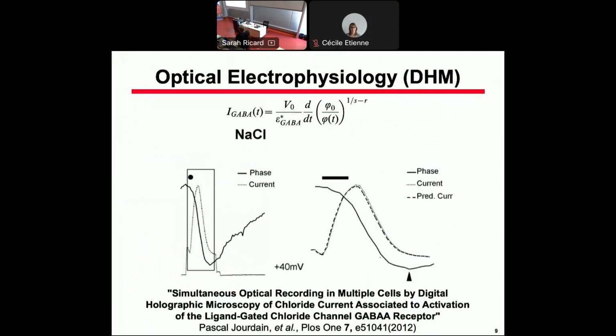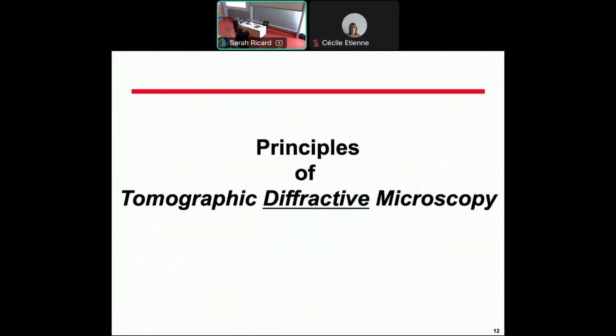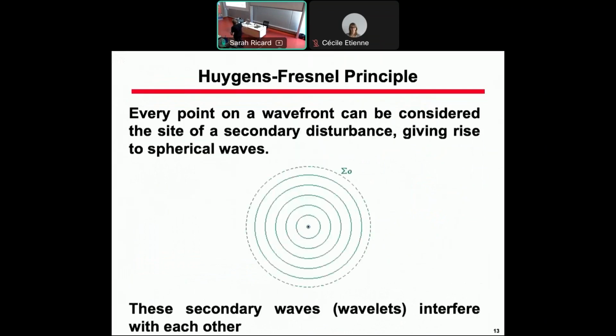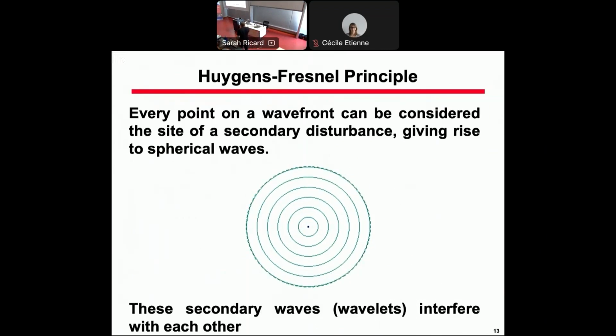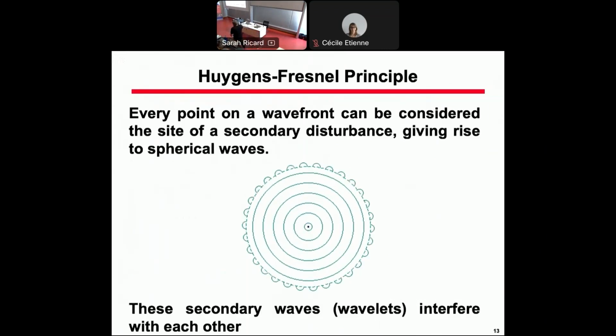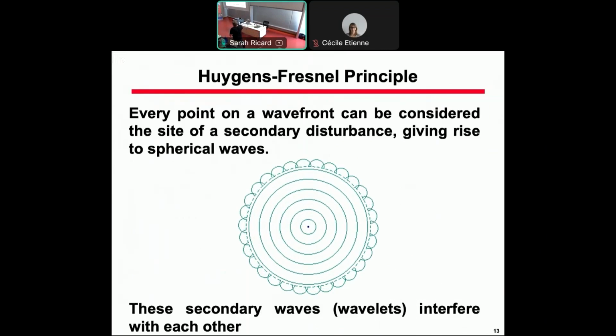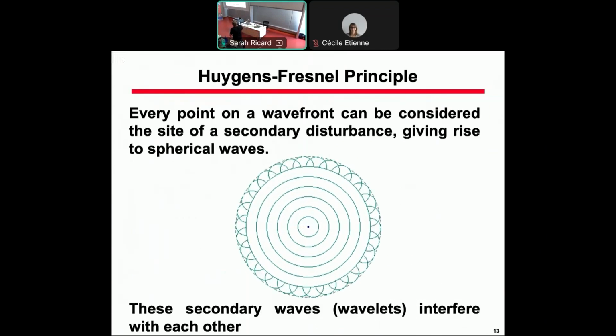So if you don't neglect diffraction, you come to a more general approach. It has many different names in the literature. Just to recall the principle, everything starts from the Huygens principle. Mathematically speaking, the propagation can be interpreted like that.